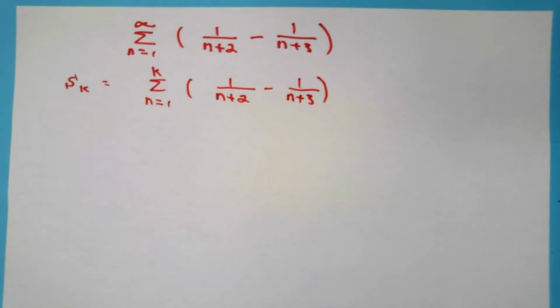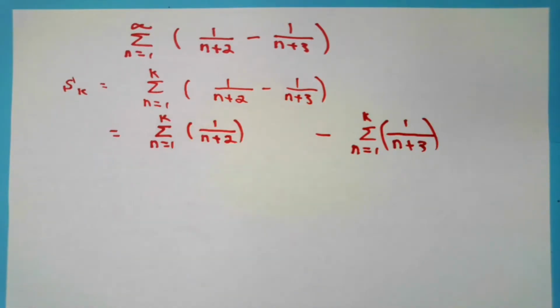This is an ordinary finite sum, so it is totally legal to split that up into two separate sums. These two sums are going to have some terms in common and some terms that differ. In the first sum, the first fraction is going to be 1 over 1 plus 2.